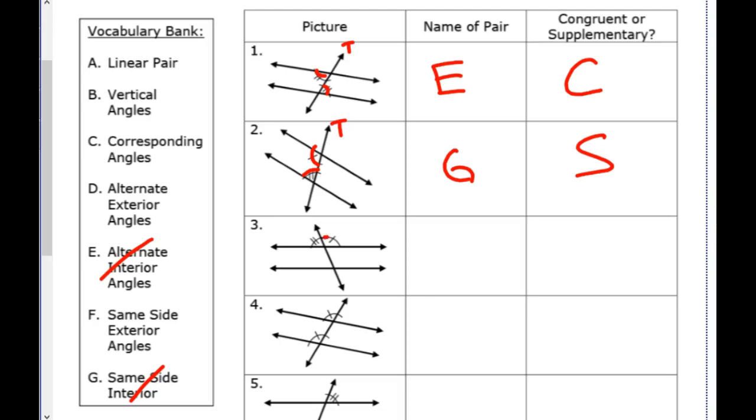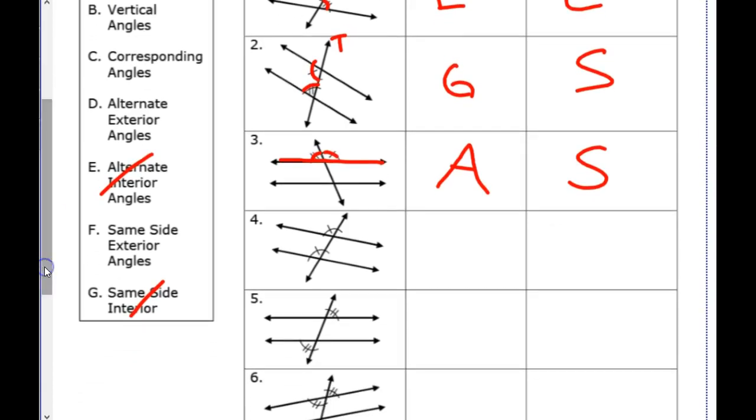Whenever you have two angles right next to each other making a straight line, that's a linear pair. And a linear pair, since it makes a straight line of 180, that's supplementary. Number four, if I have two angles, okay, they're on the same side of the transversal, one's in, one's out, that's the weird one, that's corresponding angles.